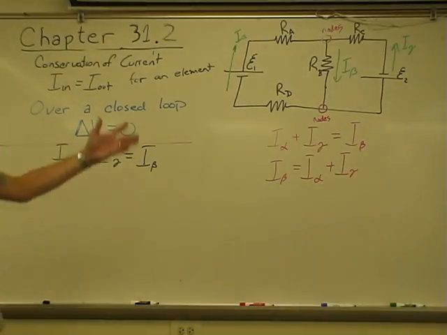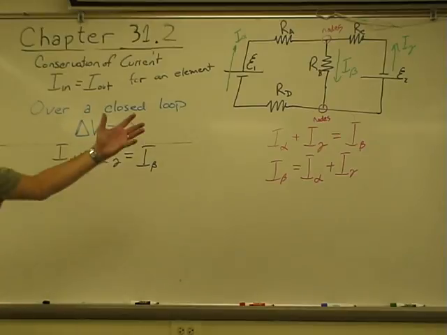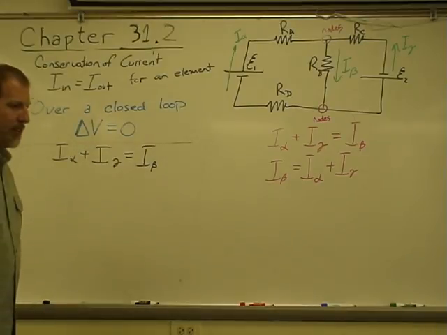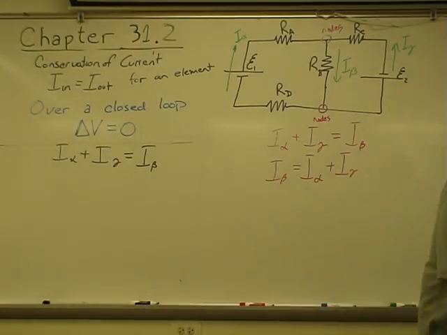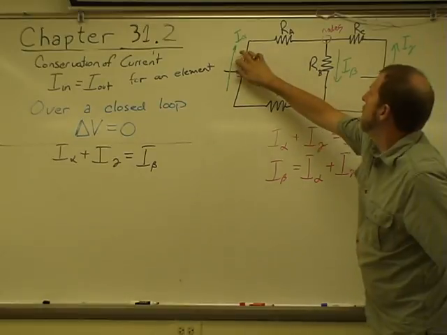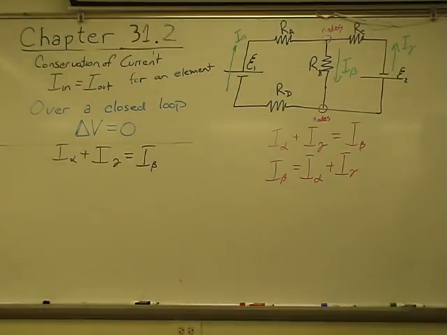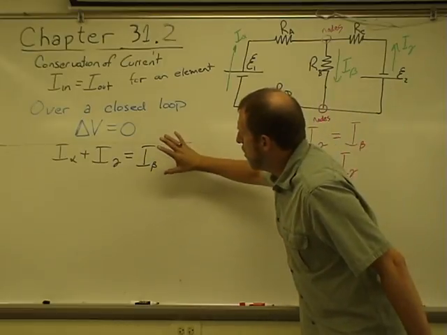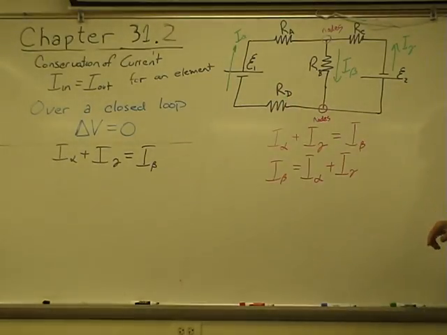Now, suppose I just hook up all of these pieces and go to it. Then I might not start off knowing what those three currents are. So suppose I'm solving for those three currents, I would have three unknowns, one equation. I am not done yet.